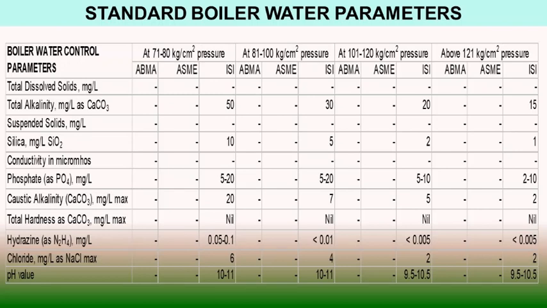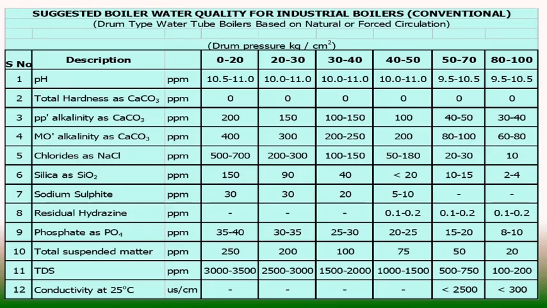In that way we maintain the alkalinity, and the concentration of silica, sodium and TDS, conductivity, hardness, pH. These are monitored accordingly as per OEM reference, as per previous experience to get the best possible water quality.